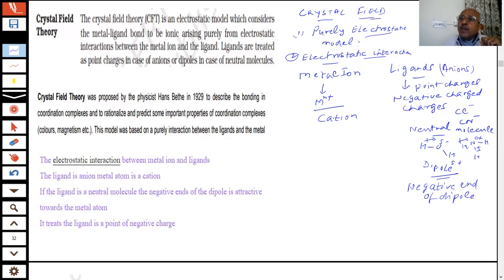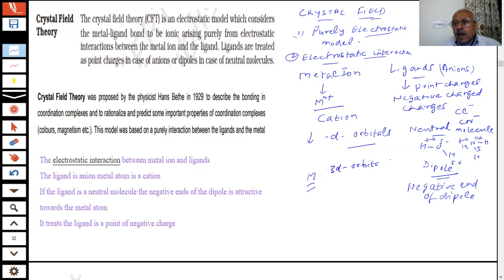What does it mean? Which orbitals does the metal have? Which orbitals take part in the transition elements? If you take the 3d series, you have 3d orbitals. Take any example, titanium or anything: it has 3d orbitals.